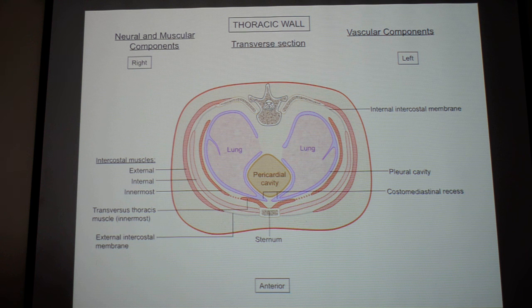Costo-mediastinal recess, we will talk about it next lecture. This is an important concept. We talk about costo-diaphragmatic recess. Now this is costo-mediastinal recess. So there is a potential space inside directed towards the mediastinum.